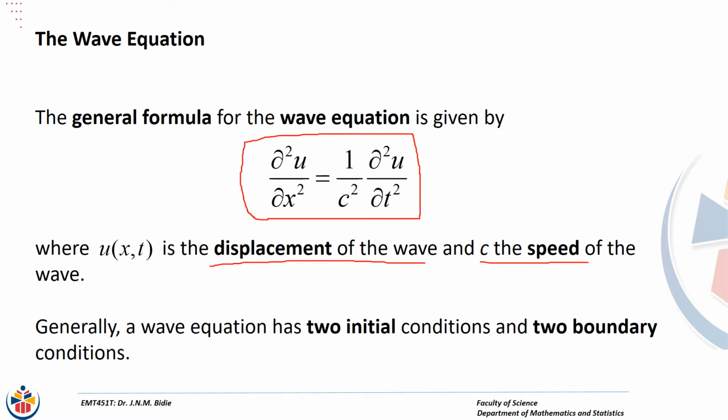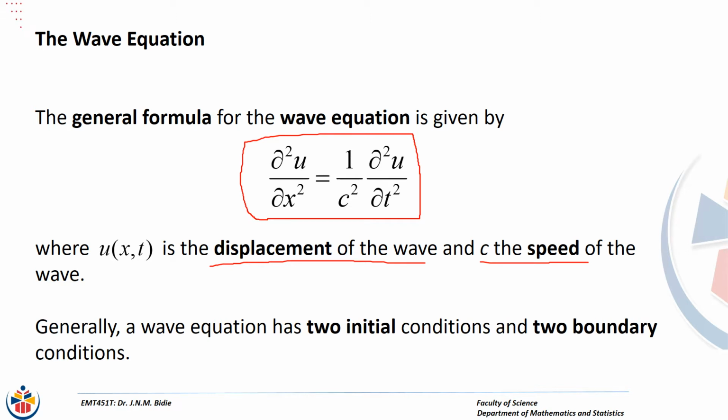Because we need to know what happens at the edges or at the ends of that stretched vibrating string. Is it fixed on both ends? Is it fixed on one end? Does the length of the string change over time? Does the displacement change?